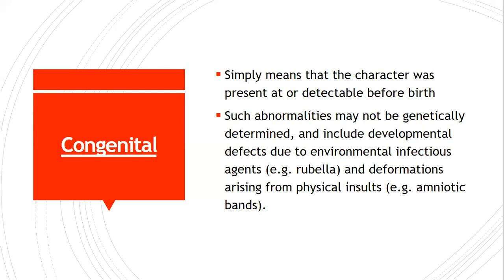What's a congenital disorder? It simply means that the character was present or detectable before birth, in utero. Such abnormalities may not be genetically determined and include developmental defects due to environmental infections, for example, rubella, deformities arising from physical insult, for example, amniotic band, or many drugs which cause teratogenic effects, for example, isotretinoin.